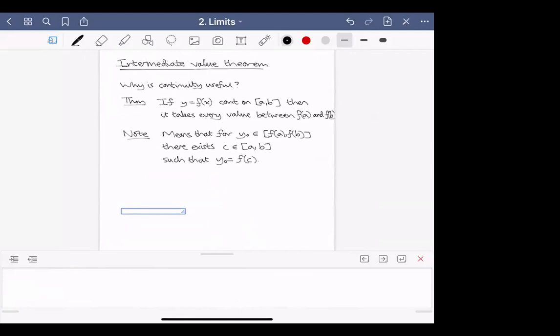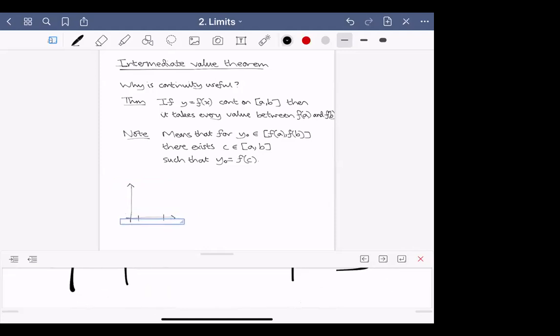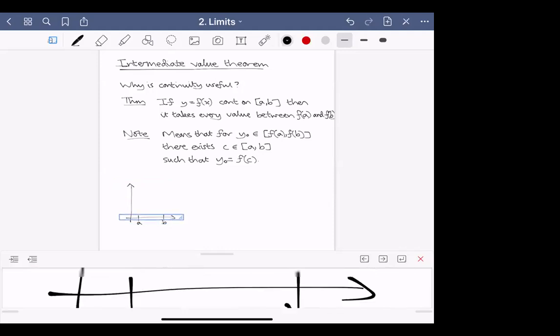Okay, so in a picture, with a continuous graph, this is quite clear. So that's my interval a to b.